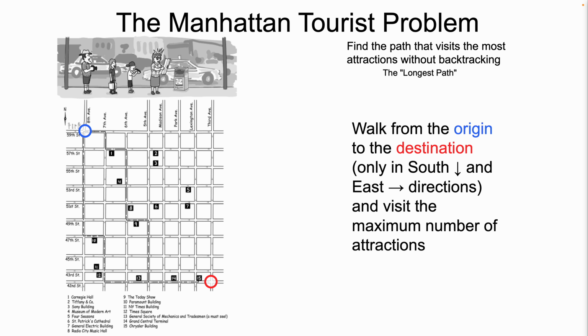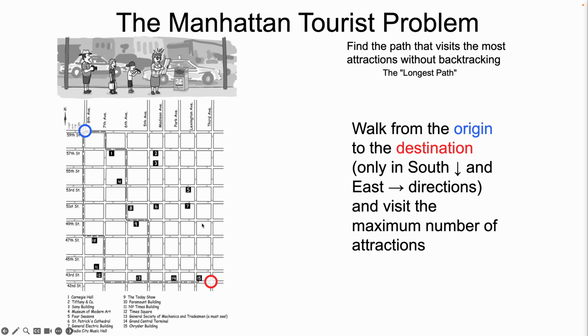They know this problem called the Manhattan tourist problem. It's called the Manhattan tourist problem because this is like a cartoon map of Manhattan. And the problem is to find the optimal path, where the optimal path is a walk through Manhattan where you only go south and east, but you visit the most attractions possible.